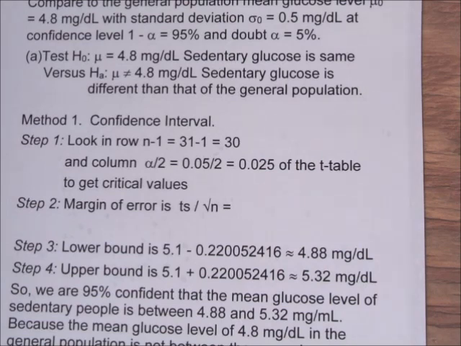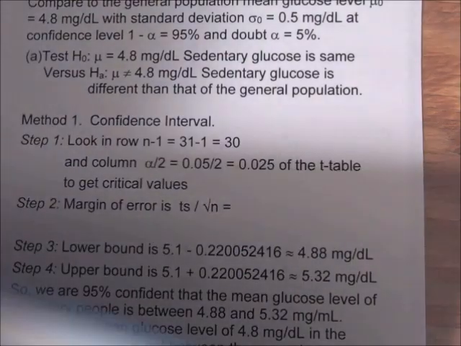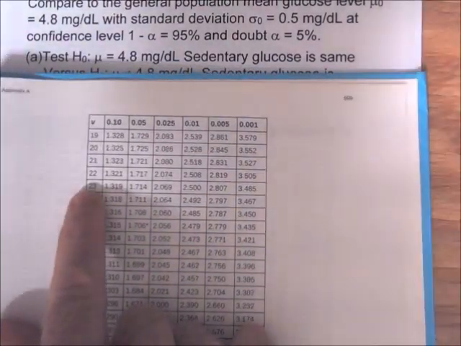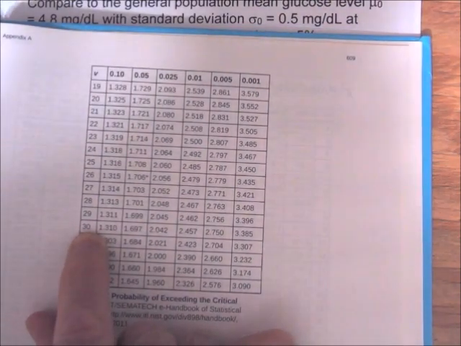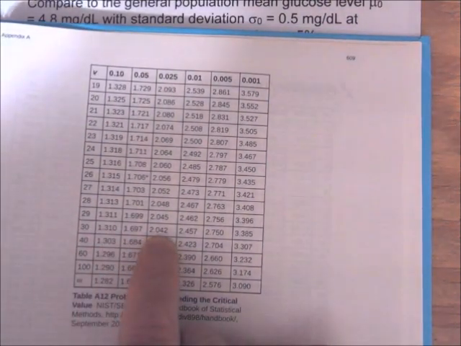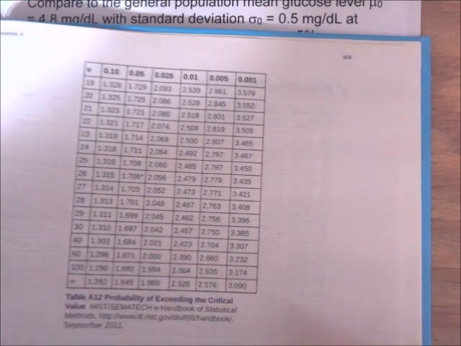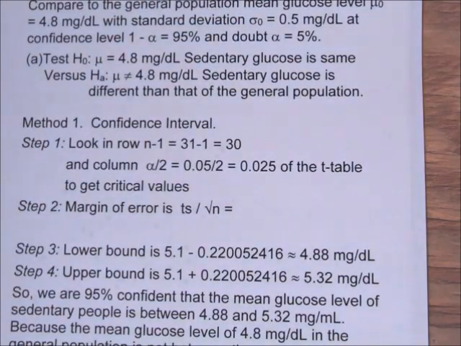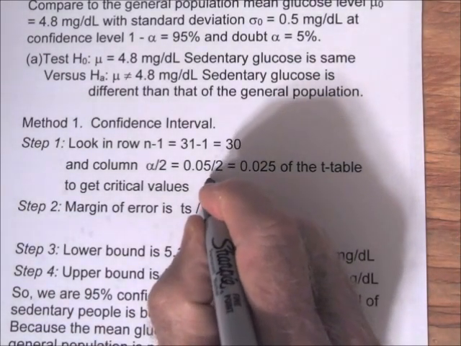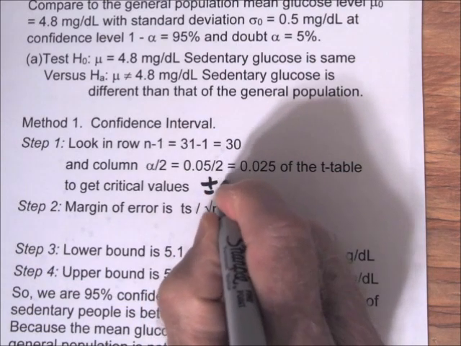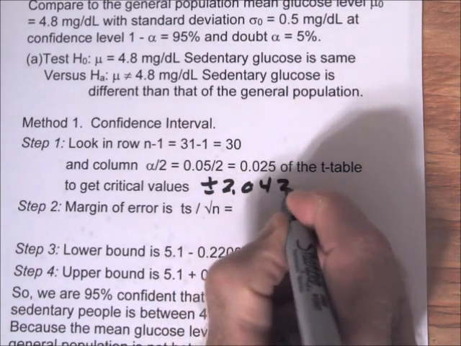I'll look in row 30. Here's row 30 and column 0.025. So I get 2.042. The critical values would be plus or minus 2.042.